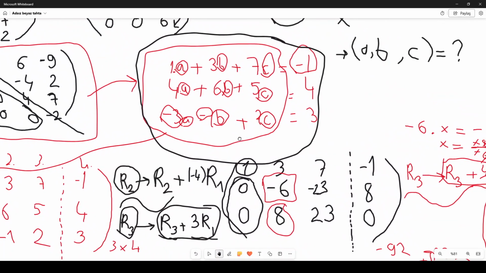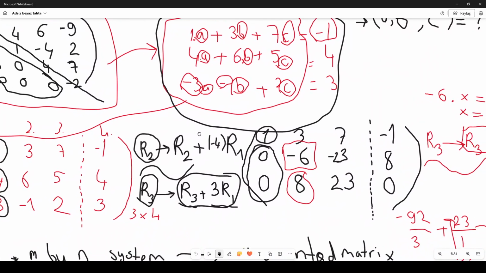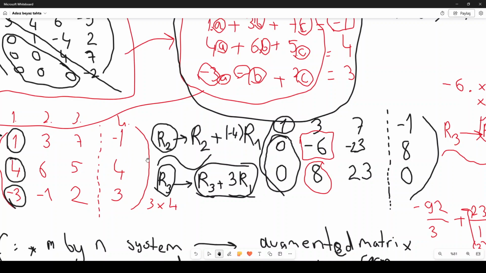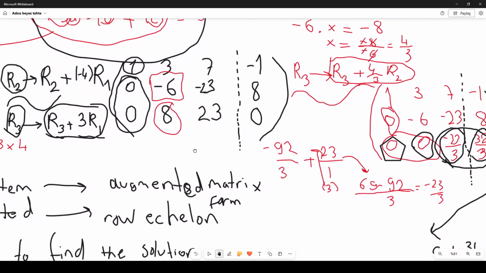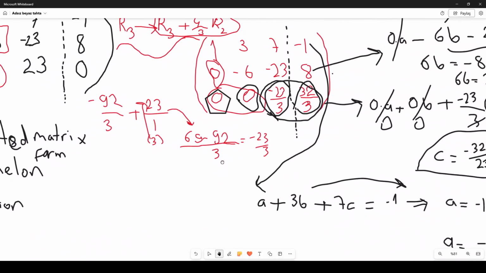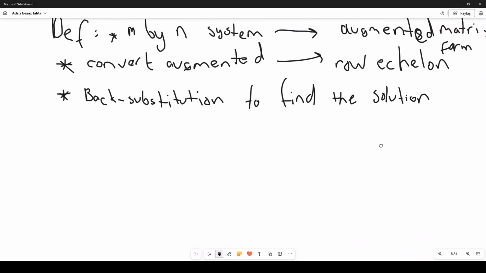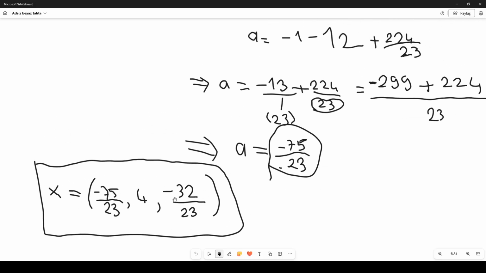But this original version is a 3 by 3 system, don't forget about it. This is just the representation style that we use while using an augmented matrix. Then we reduce our system into an upper triangular one and apply back substitution to find the solution set. And this is how the Gaussian elimination method actually works.